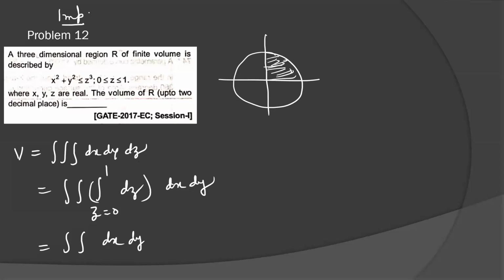Negative values will satisfy x square plus y square, because it will give you positive, but this condition will not be satisfied. What is this condition? But the problem is how to take the xy limit here, because x and y involve the z parameter. So we cannot apply this method here.